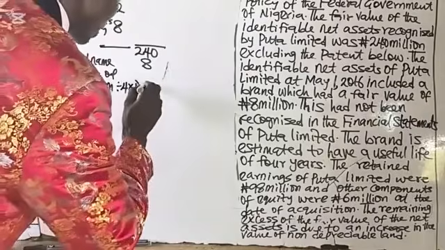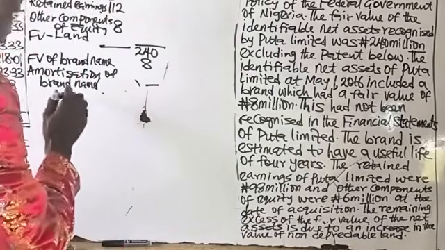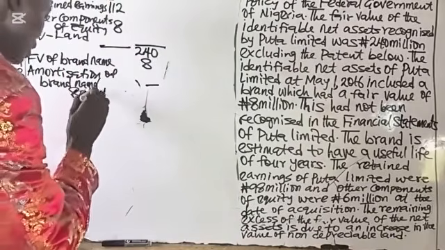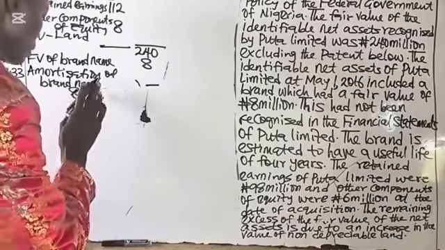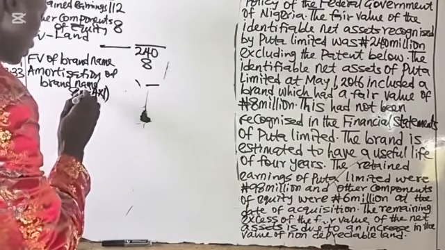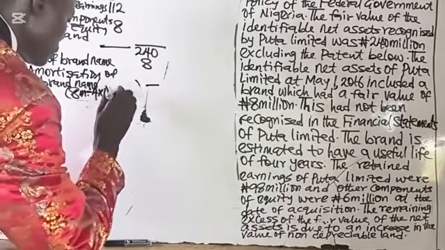So we will recognize that amortization in the post-acquisition period. So 8 million divided by 4 times 1.